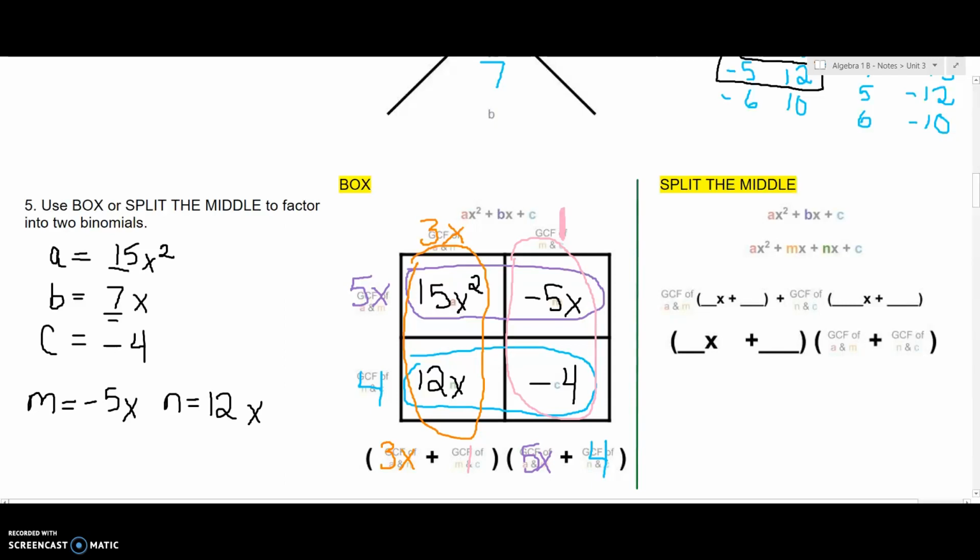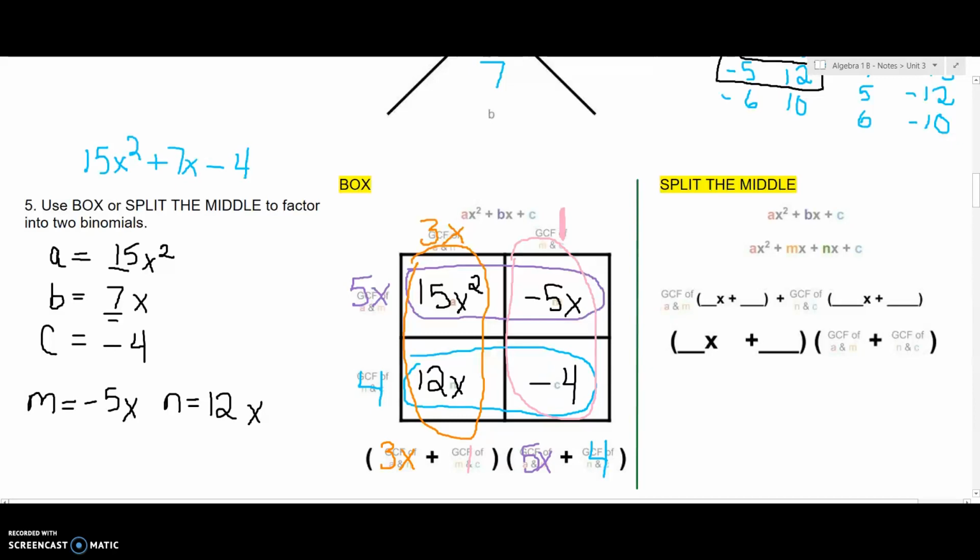My factored form of my trinomial 15x squared plus 7x minus 4 is 3x plus 1, 5x plus 4. So if you are a visual person and like the box method, pause the video now, and we will skip over to the final answer. If you'd like to see a different method, keep watching.